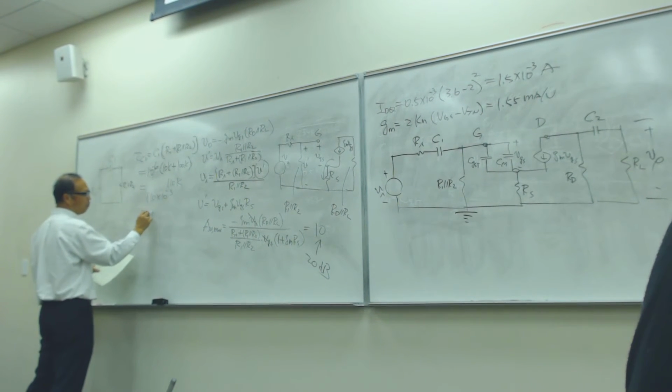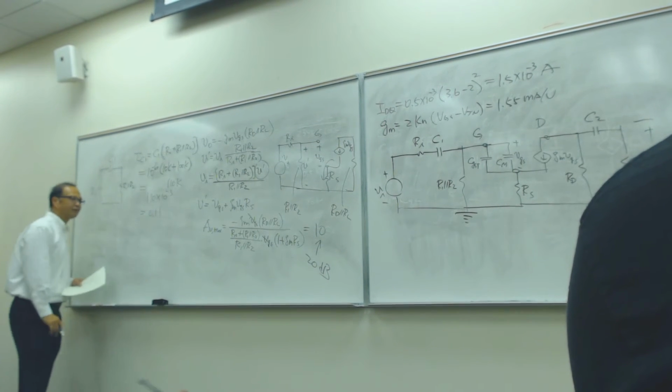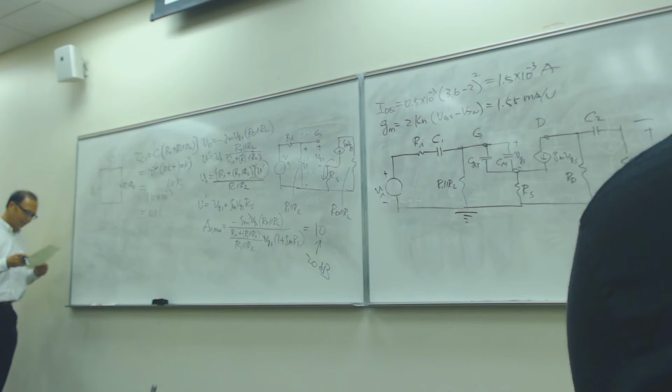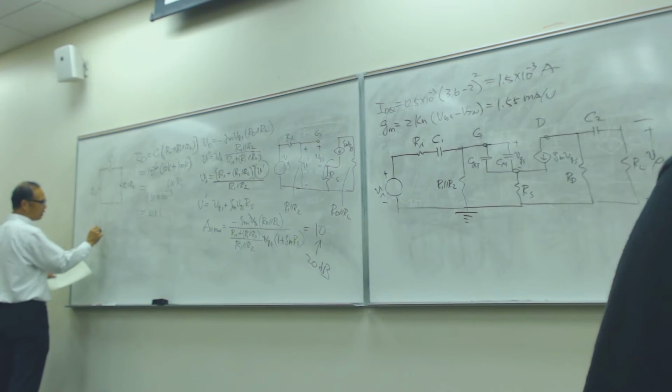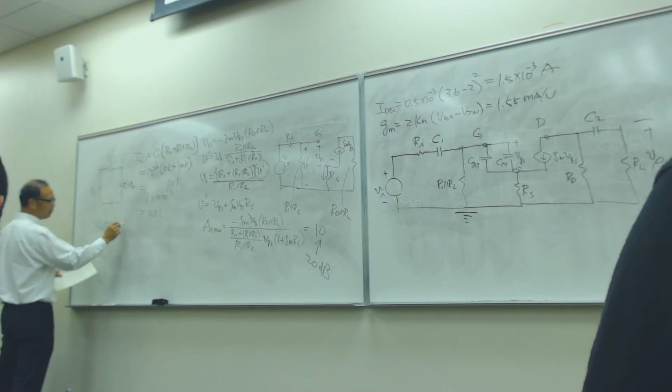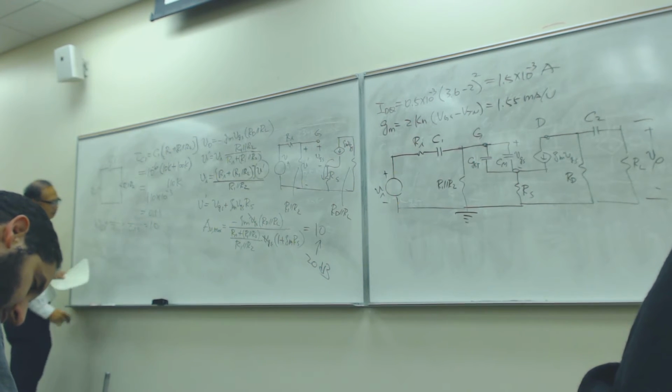So it's a 0.11, yes? Okay. Then omega associated with C1 is 1 over tau C1, so it's 1 over 0.11, so it's about 10. Yes?